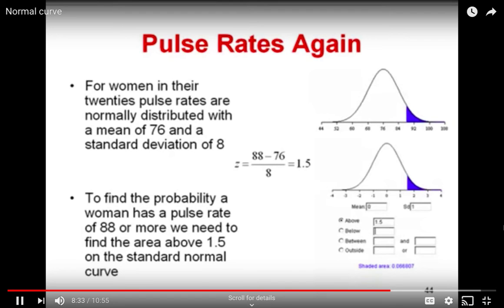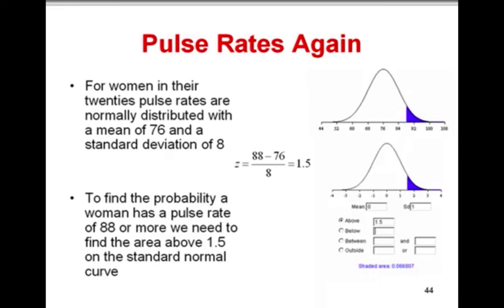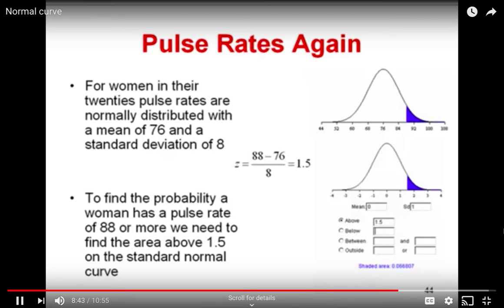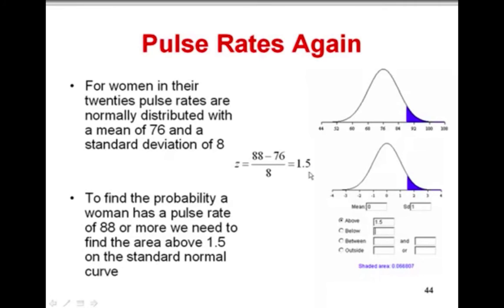So let's return to the woman with a pulse rate of 88 who had a z-score of 1.5. We cannot use the empirical rule to find the proportion of women with a pulse rate in excess of 88 because it is not a whole number of standard deviations from the mean. It is 1.5 standard deviations from the mean. So we will use a whole different process.